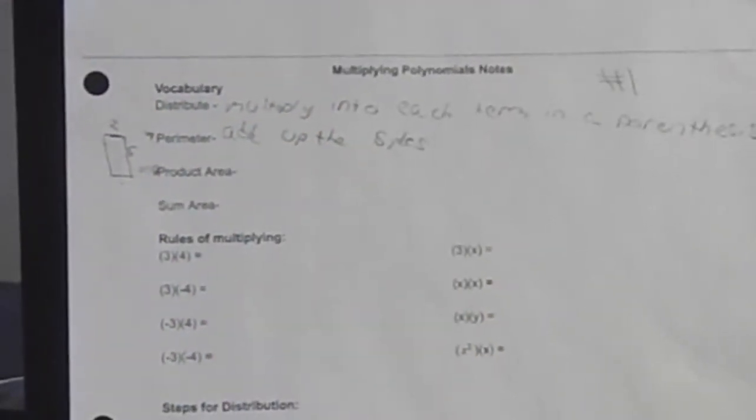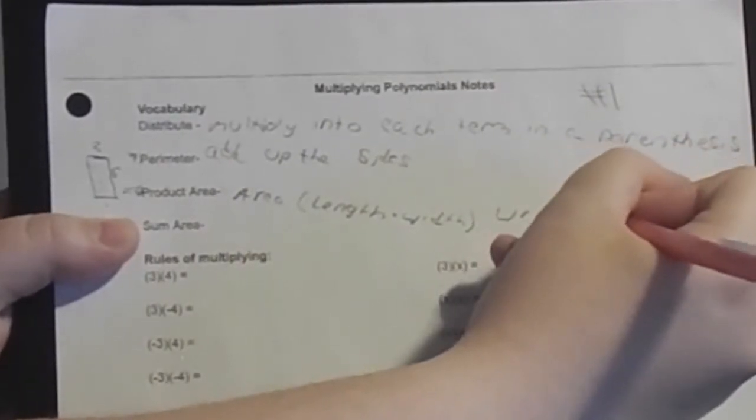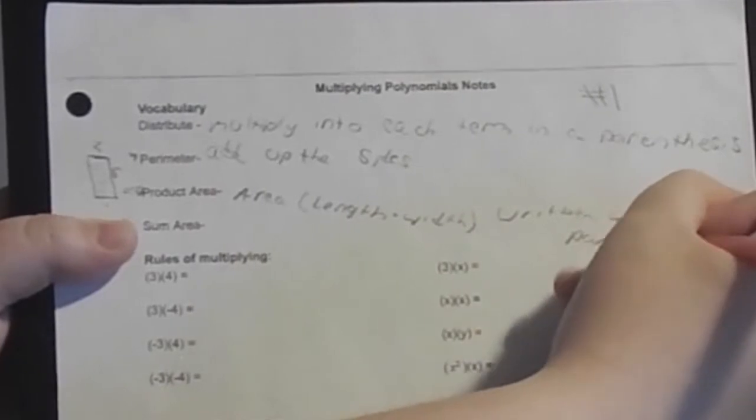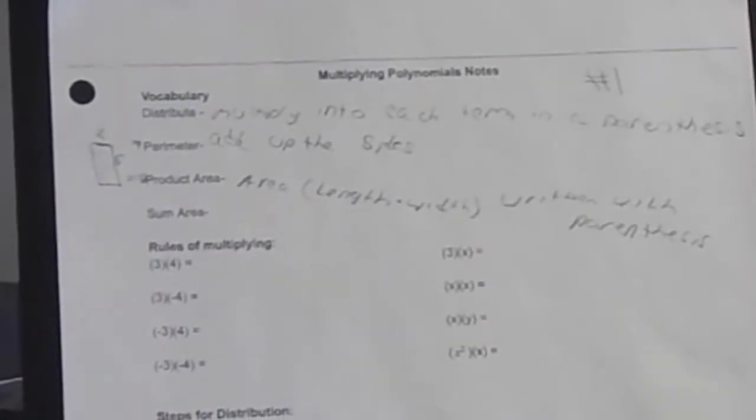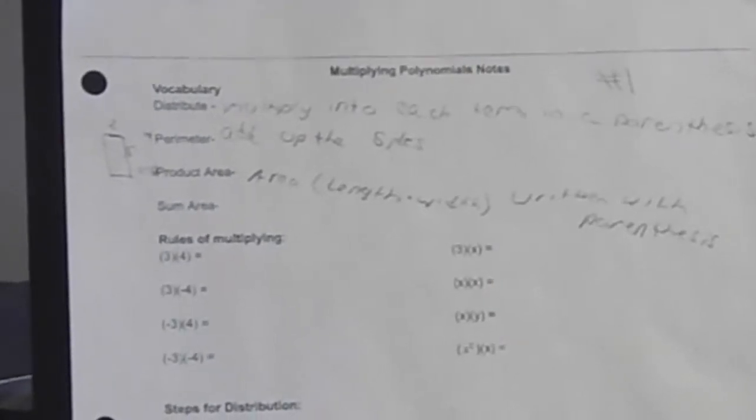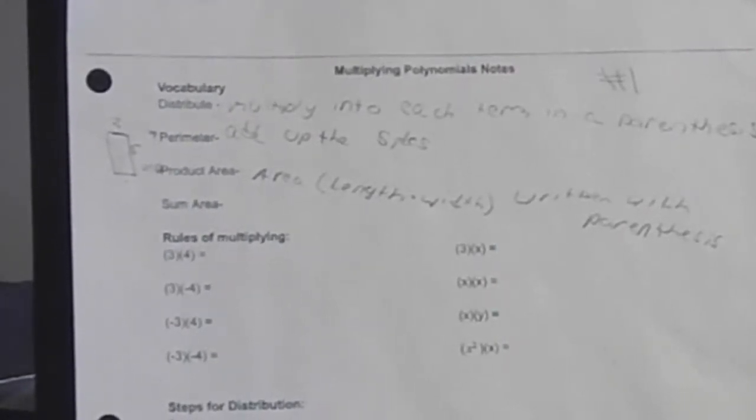What makes it a product area is that it's the area, which is length times width, written with parentheses. So it's before you multiply it. It's like writing just the 2 parentheses, then the 5. And product is a big word for multiply.